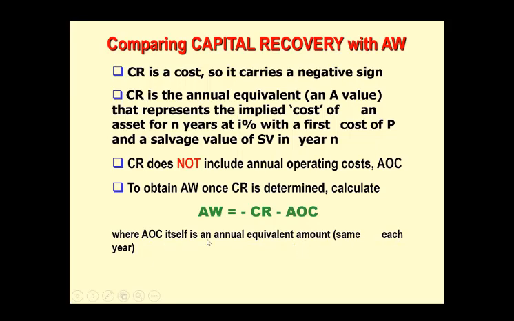That is the way to calculate the annual worth for an alternative. We take the capital recovery plus annual operating cost, and both have the minus sign.